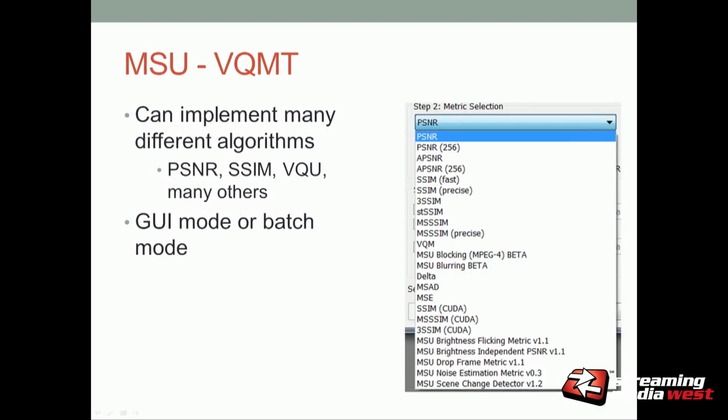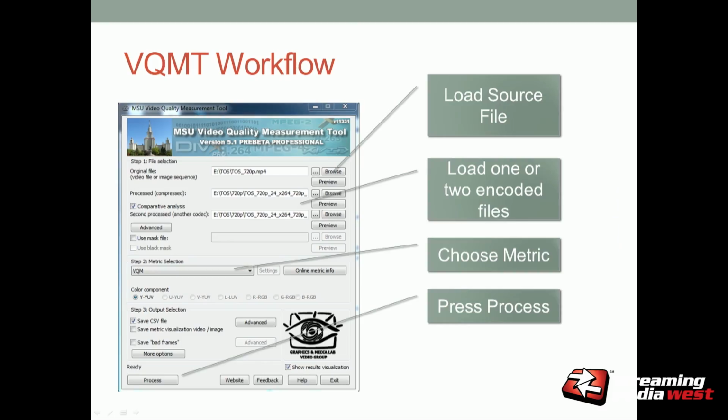But you can apply any algorithm that you want with this tool, and that's one of the things that's really attractive about it. If you like PSNR, if you like SSIM, you can apply that several different ways in this tool. You don't have that flexibility with the SSIM Plus tool. And this works in GUI mode, which we'll look at in a second, and batch mode as well.